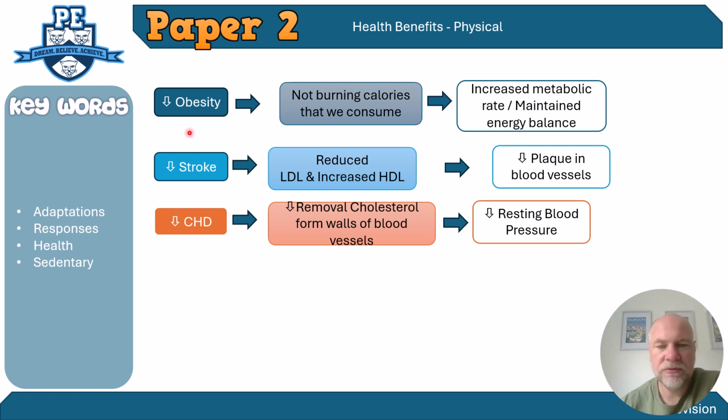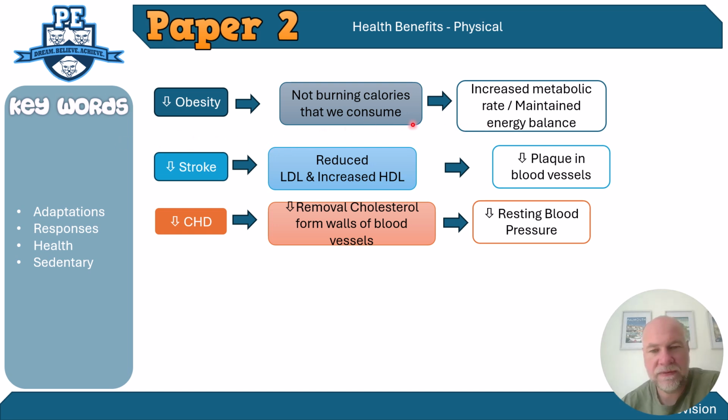So if we start with obesity, that's obviously reduced when you do physical exercise. I'm sure you guys already know that it's because the calories consumed are not being burnt. So if you don't exercise, there's a chance that we will put more fat on and store our energy as body fat because we are not burning those calories. It depends on the wording of the question.